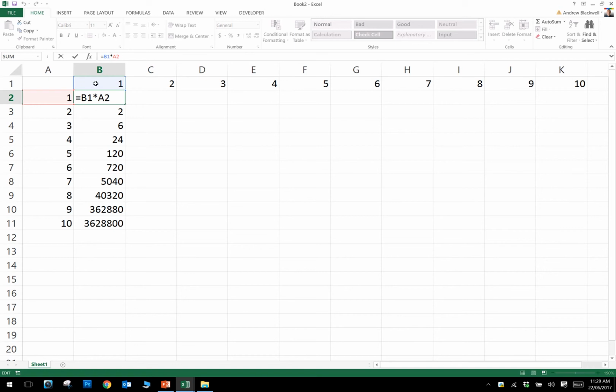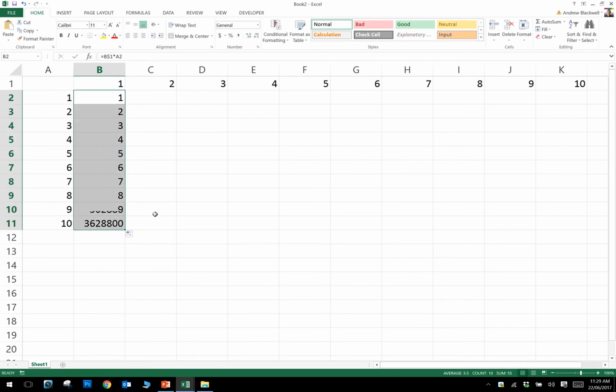So B is going to stay where it is, so we're happy with that. But B1 turns into B2 in here. So that means we have to put a dollar sign in front of the 1. And if we do that, we then can drag this down and we can get our formula correct.